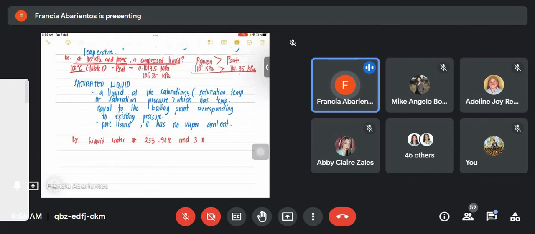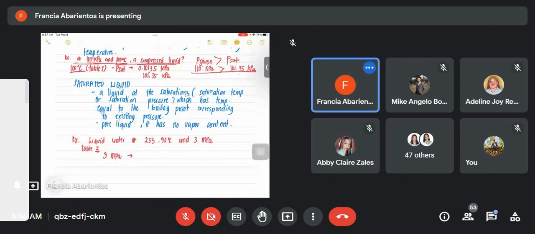So, punta tayo dun sa steam table, table 2. Mas madali tingnan yung 3 megapascal. Tingnan nyo yung 3 megapascal sa table 2.